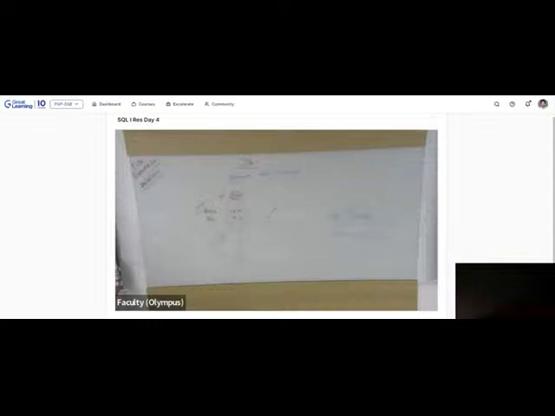So the scope of the CTE is, how long is the CTE alive? Within the scope of a single statement. Okay, so once this statement is over, the CTE no longer exists. Once you get out of this query, the CTE no longer exists. But within this query, you can use it as many times as you want.